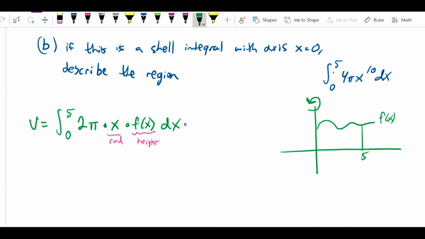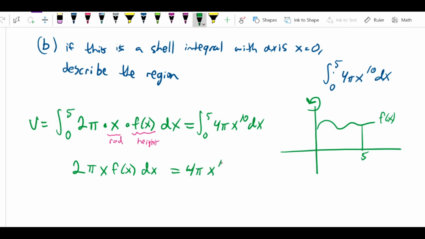So once again, I can simply equate these. This is going to be the integral from 0 to 5 of 4 pi x to the 10th dx. So let's equate the expressions inside the integral and say 2 pi x f of x dx equals 4 pi x to the 10th dx. Again, I'm going to cancel the things that I can cancel. The pi's cancel, the dx's cancel.